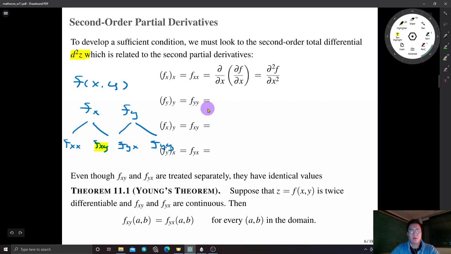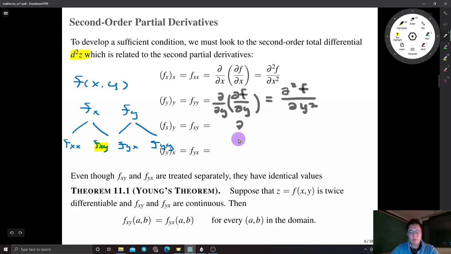Given this one, we take the derivative with respect to the same variable to obtain this, f sub double y. And f sub xy, that is, we start from the partial with respect to x.